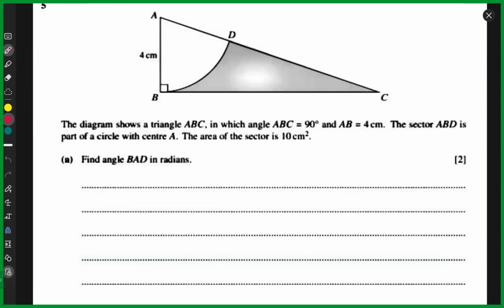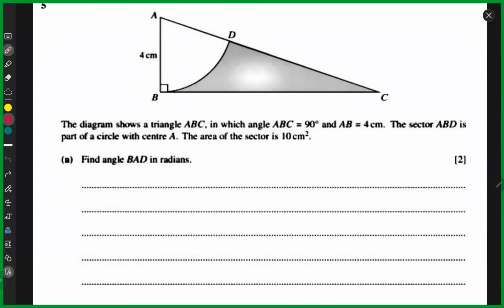It says the diagram shows a triangle ABC. We can see a triangle ABC in which angle ABC is 90 degrees, and AB is 4 centimeters. That makes sense. The sector ABD is part of a circle with center A. So they did not draw the entire circle, but they have told you that the center of the circle is A. And this circle would be something of this type, right?